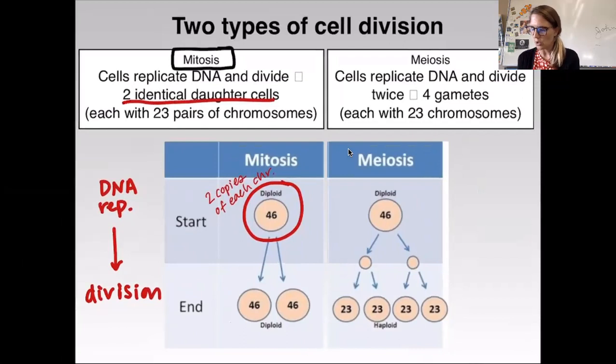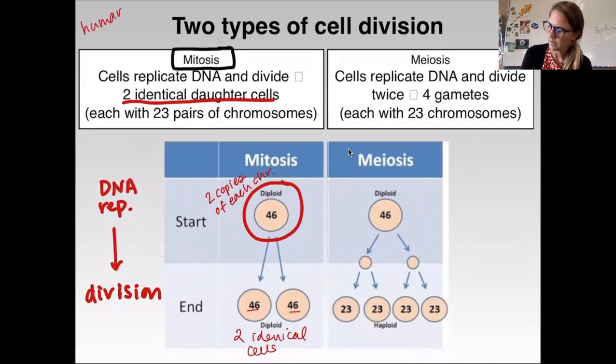When they divide, you're going to get 2 identical cells, each with the full copy of 23 pairs of chromosomes to give you 46. All right. So the human genome is 23 pairs, for a total of 46 individual chromosomes, 23 from mom and 23 from dad.